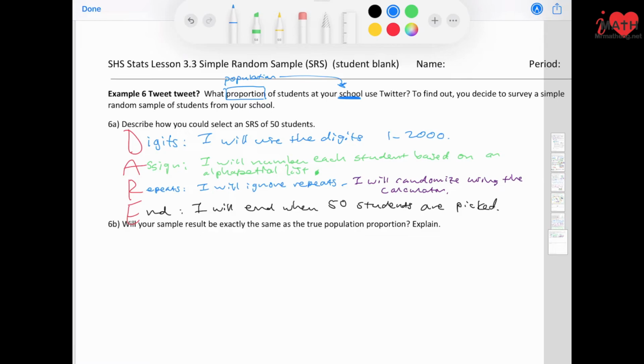Will your sample result be exactly the same as the true proportion? What do you guys think? No, because different random samples will produce different numbers, or in this case, because we're inferring, it says a proportion, different proportions.